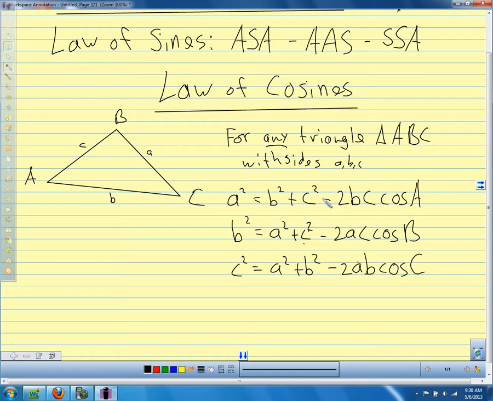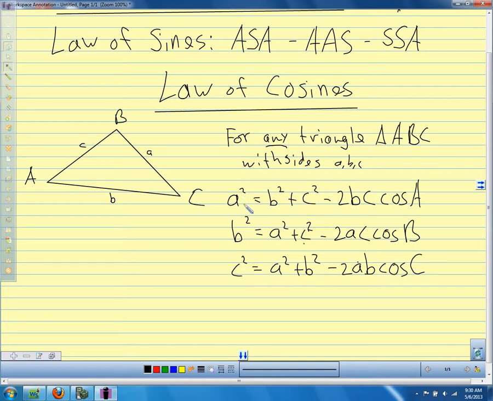All the other sides on this side of the equation are b's and c's. So the only place that side a shows up here is on this side. The rest is b's and c's. Here I have side b. Here I have sides a and c. Here I have side c, and I have sides a and b. So that will help you remember, make sure that you write your equation the right way.